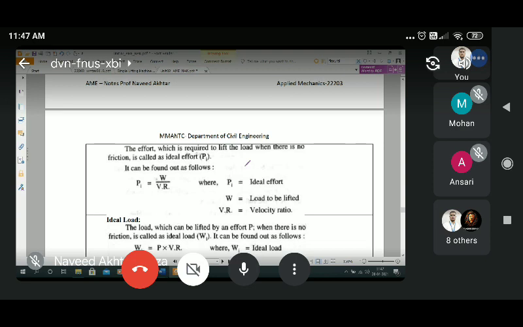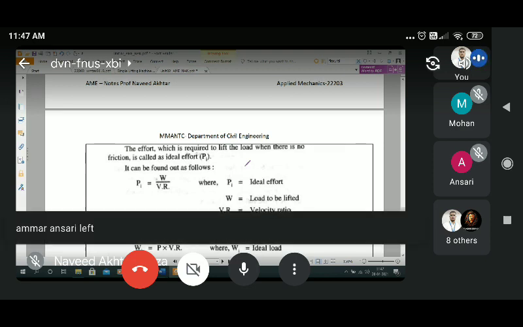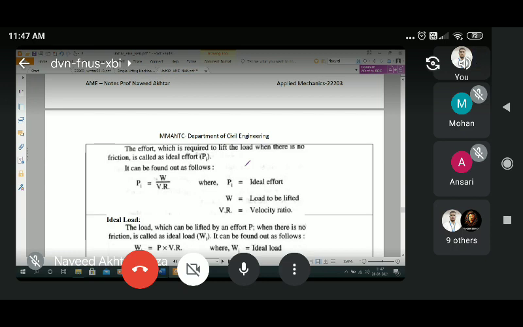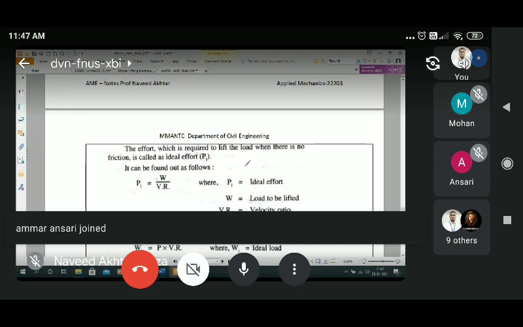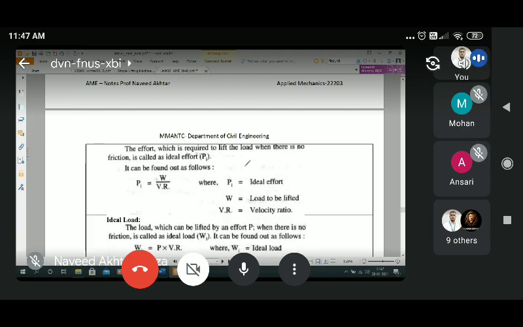If there is no friction when lifting a load, what do we call such an effort? Ideal effort. So the ideal effort is the ratio of W upon VR, where W is the load to be lifted, VR is the velocity ratio, and Pi is the ideal effort.